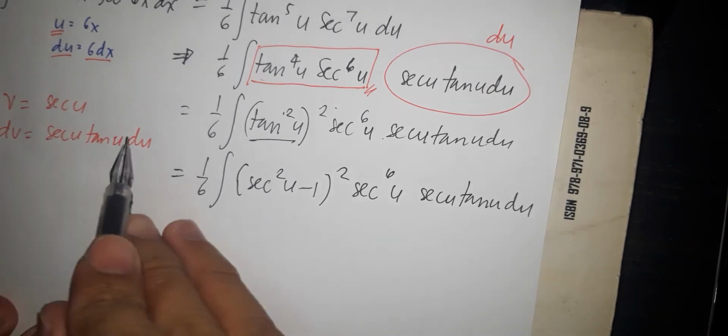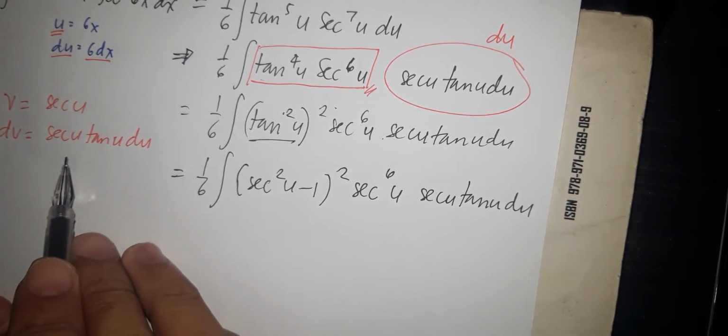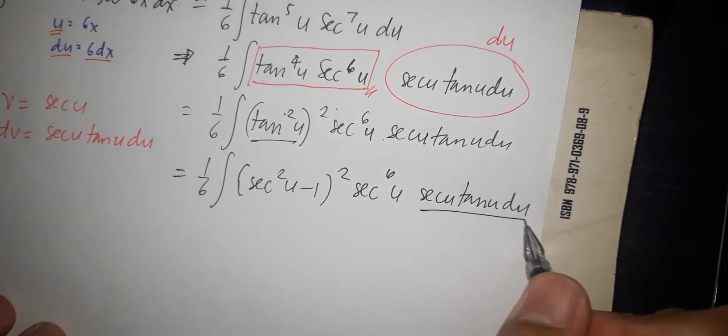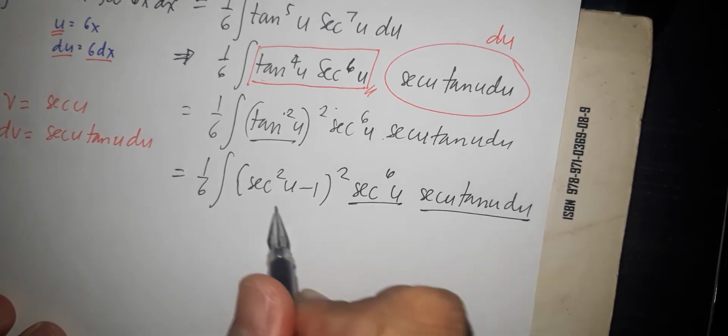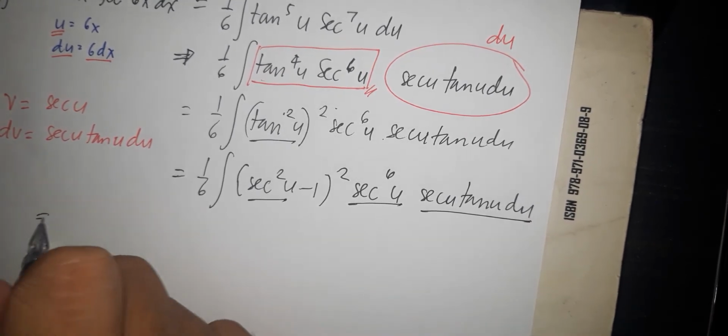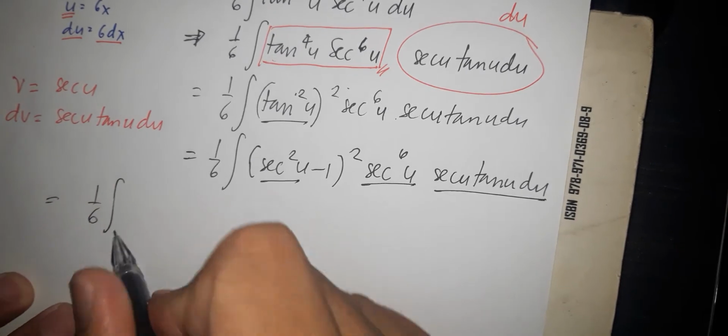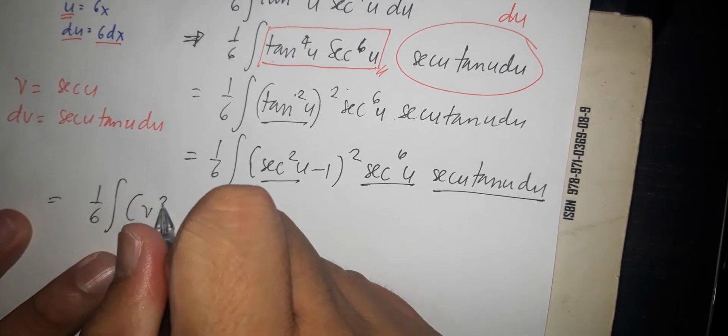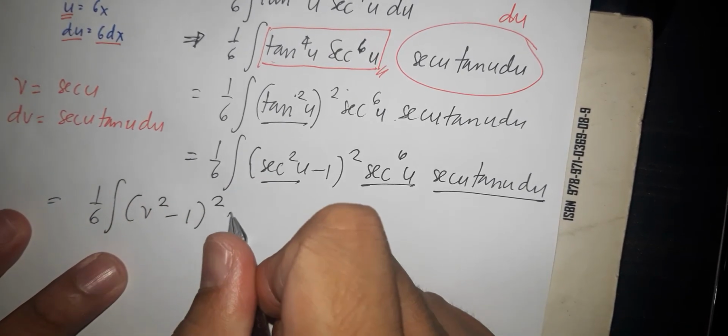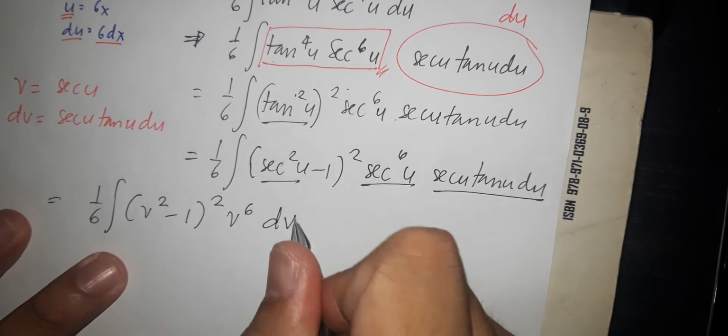So, since v is secant u, and the derivative of v is secant u tangent u, this is dv, this is v to the 6th, this is v to the 2nd. So, magiging 1 over 6 integral of v squared minus 1 squared times v to the 6 dv.